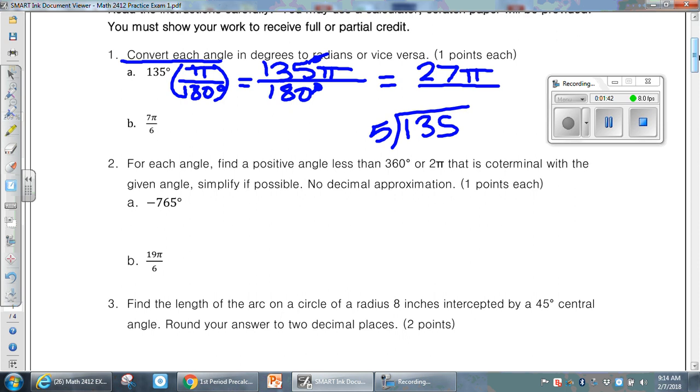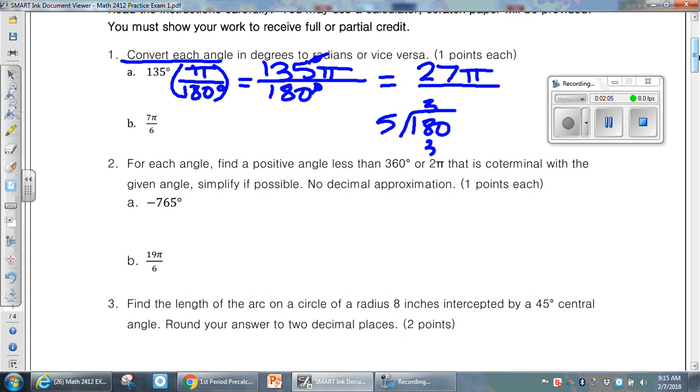Let's see, 180 divided by 5 is 36. Yep, it's 36.